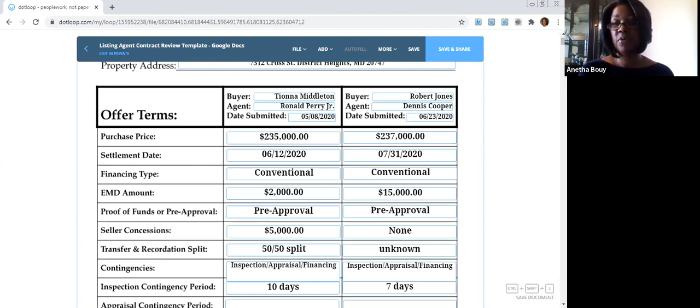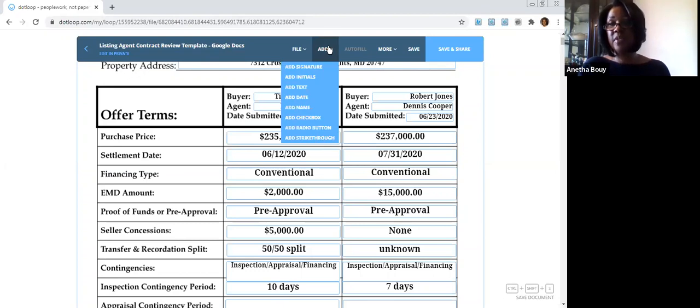So if the buyer says, well, I'll pay all the transfer and recordation taxes, then obviously that would be something that would be taken off your side. Or if they decide that they want you to pay them all, obviously that would be something that you would have to add as an additional expense. Again, just keep in mind that this is just an estimate. Okay.